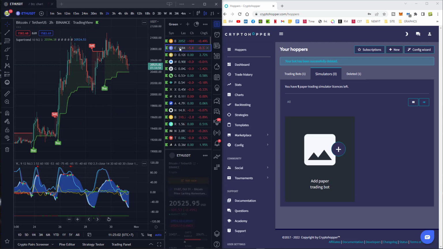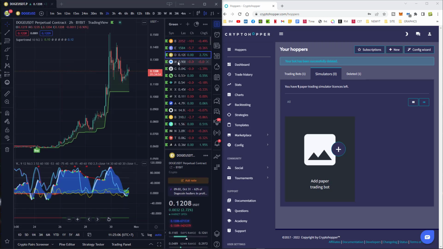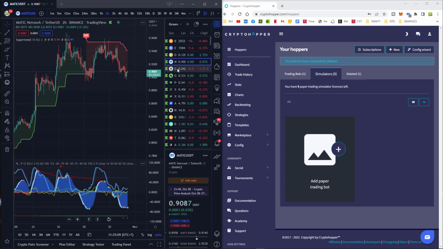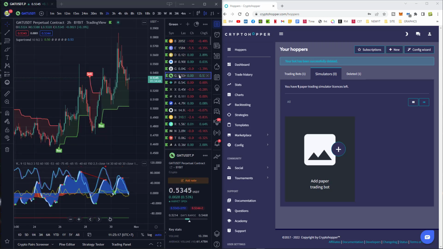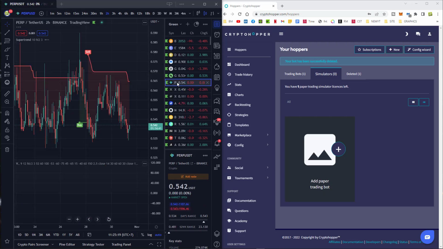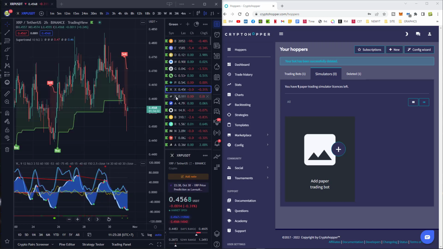So Bitcoin 1 minute, Ethereum 5 minute, Dogecoin 15 minute, Matic 30 minute, Gala on the 1 hour, GMT on the 2 hour, another coin, perp, anything on 3 hour, you know, XRP on the 4 hour.